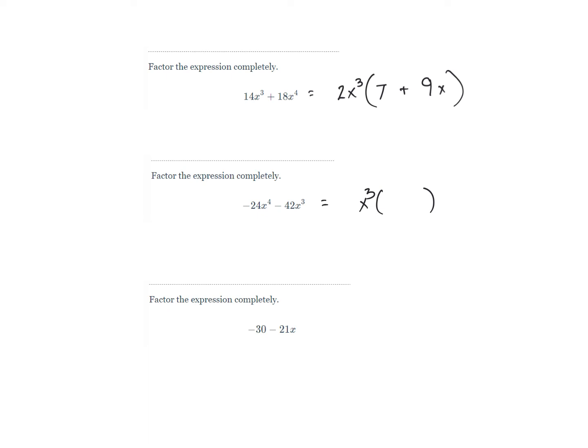Let's just stick with 2 for now. But you know what's also nice? I would pull out the negative. So what's left inside is 12x plus 21.